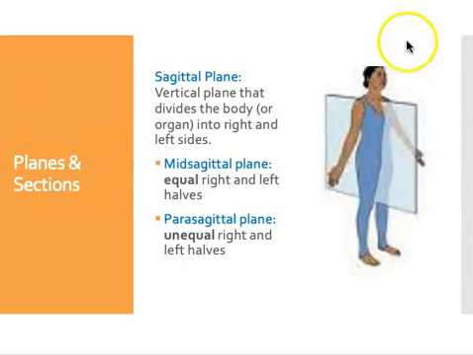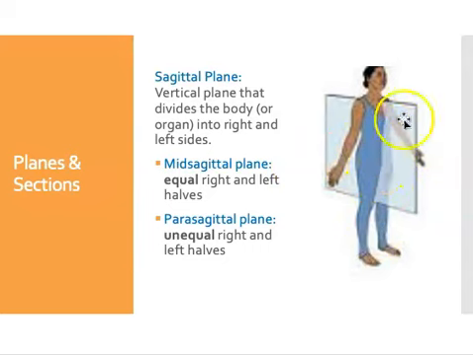Parasagittal divides it into unequal. So if you look at the drawing over on the right-hand side, they're showing you a sagittal plane through this body. This happens to be the mid-sagittal plane. It's the plane that would be created if you divided this body right down the middle into equal left and right sides.